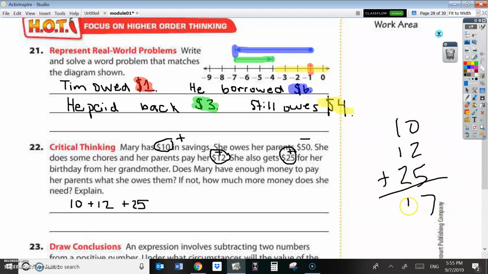Looks like 47. So 47 plus negative 50 equals negative 3. She still owes $3.